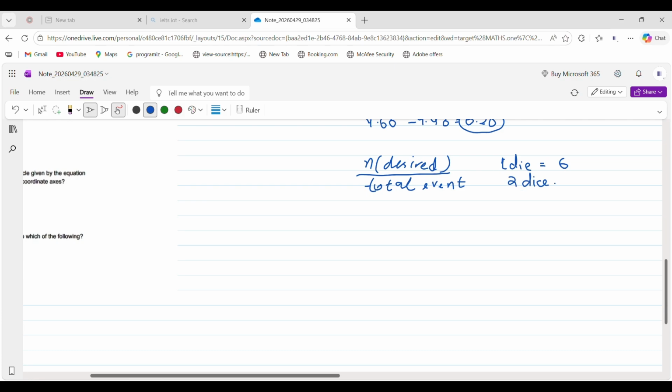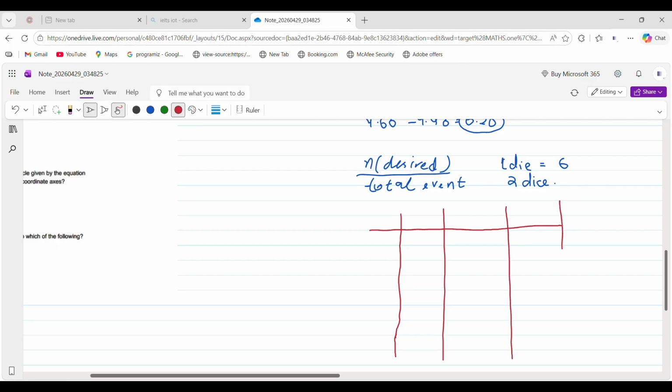For finding this, you have to just make this table. I'm sorry for it. Here we have 1, 1, 2, 2, 3, 3, 4, 4, 5, 5.